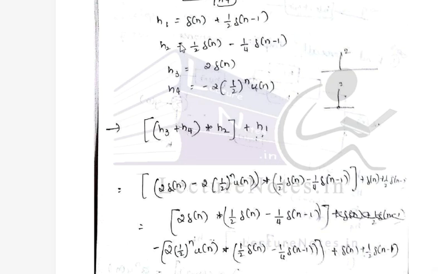So h3 is 2 del n, h4 is minus 2 times half raised to n u of n, and now these two are in convolution with h2. h2 is 1 by 2 del of n minus 1 by 4 del of n minus 1, and this plus h1. h1 is del of n plus half del of n minus 1, and when these are solved, we'll get this 2 del of n, as it is a subtraction.